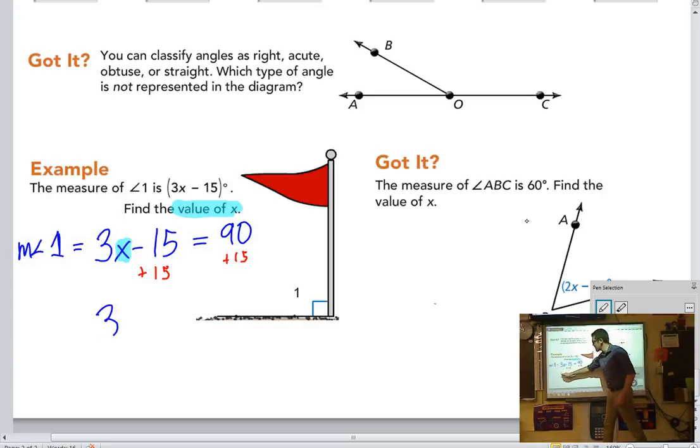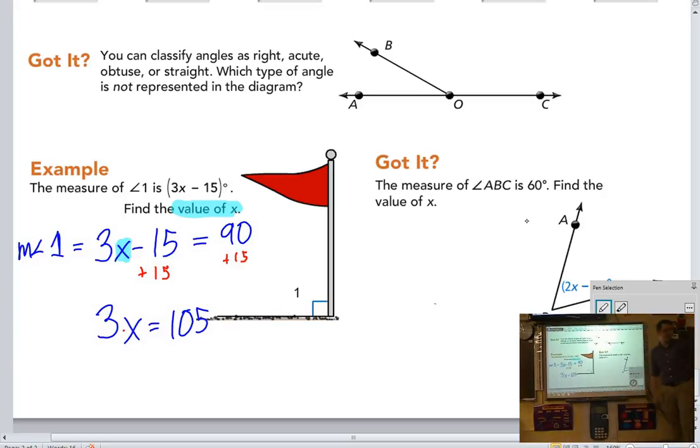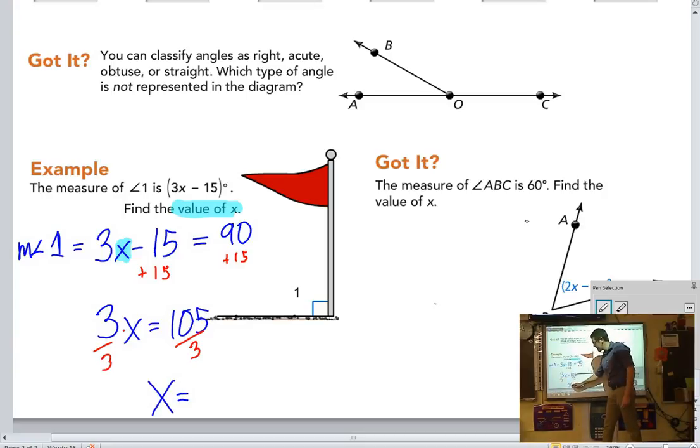So whatever 3 times that x value is comes out to be 105. And then to finish isolating my x, Abby, we want to... Yep, we divide by 3 on both sides. And we get that x is equal to 35.